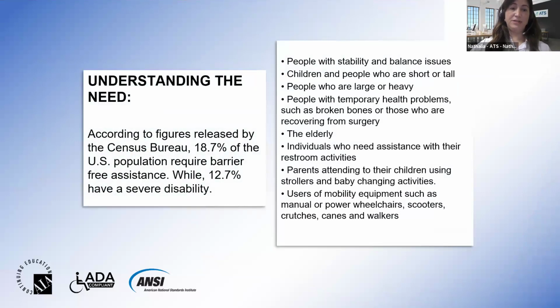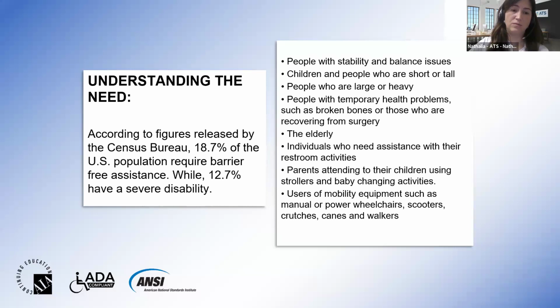And just to understand the need, why we need to always take accessibility into account when designing. According to figures released by the Census Bureau, 18.7% or almost 60 million Americans require barrier-free assistance.